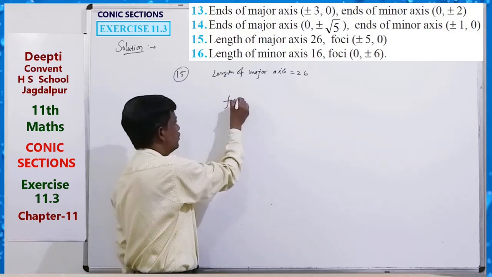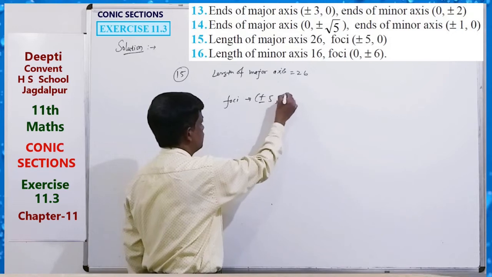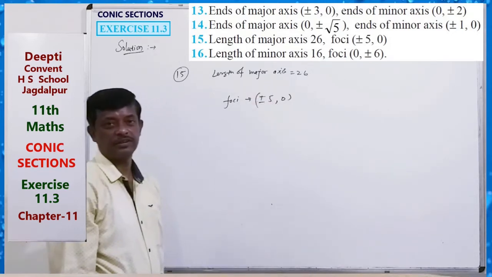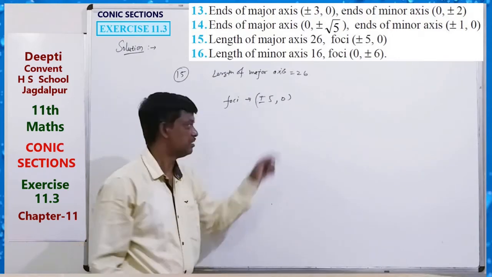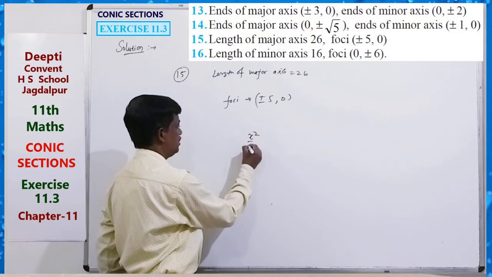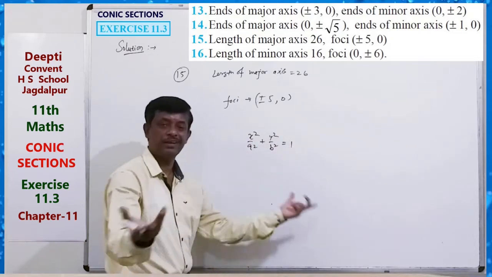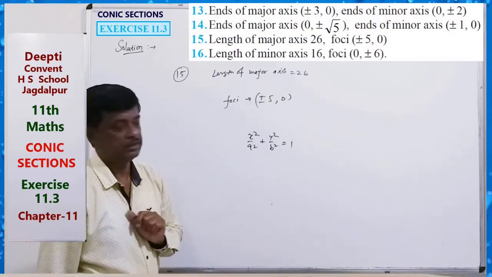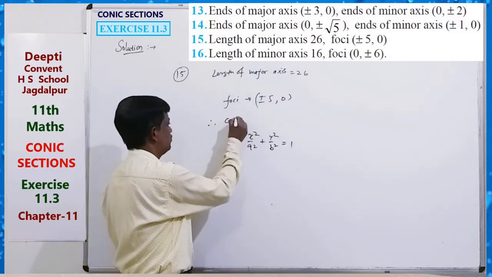Foci are plus minus 5, 0. Foci are given like this. Foci lie where the y coordinate is 0, meaning on the x axis. So x square by a square plus y square by b square equals 1 is the format of the ellipse, and the foci lie on the x axis. That means c equals 5.